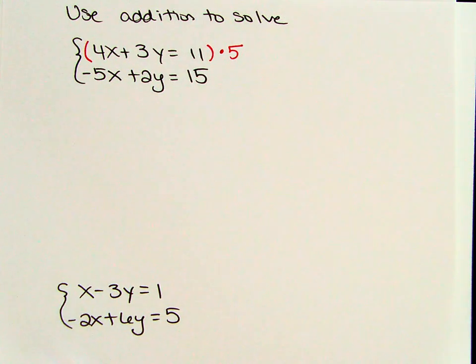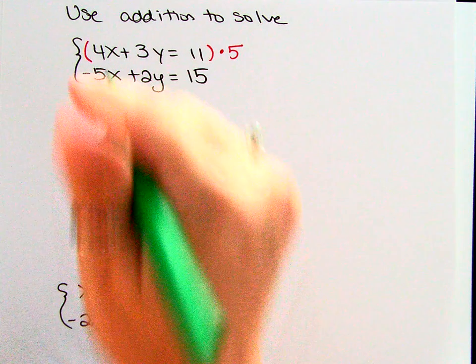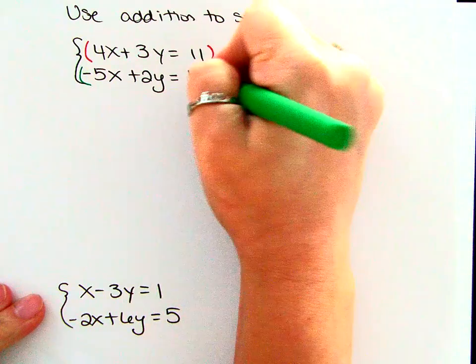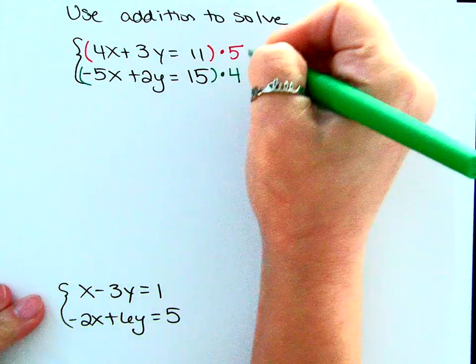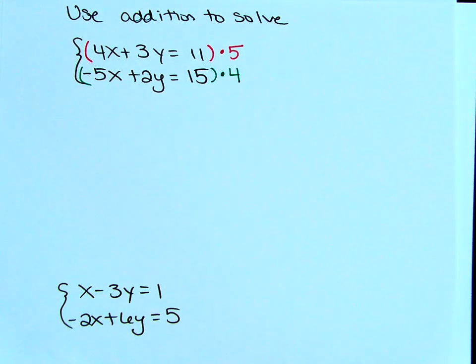And then I do a similar process for my bottom equation. And the nice thing is because you chose the x, it already had opposite signs. You had a positive, then you had a negative, so we don't have to multiply by a negative. It's not a big deal if you did. It's just one less thing we have to worry about. So I'm going to multiply the whole top equation by 5, the whole bottom equation by 4.